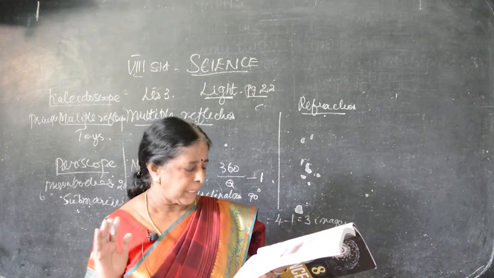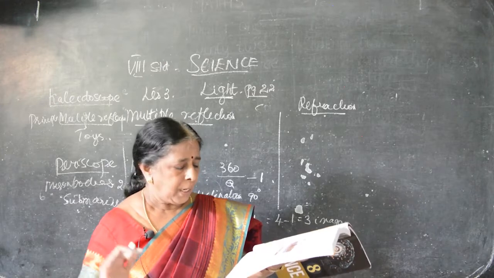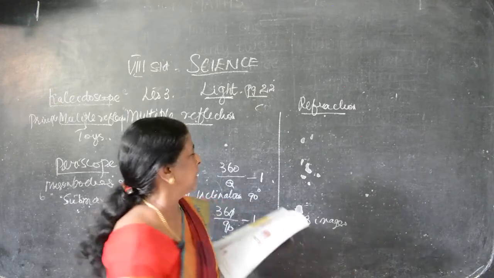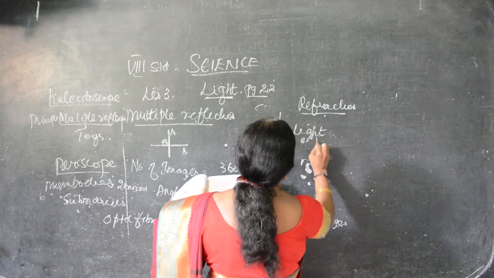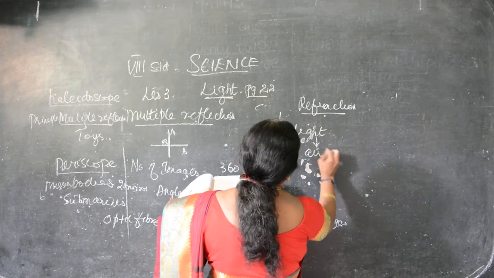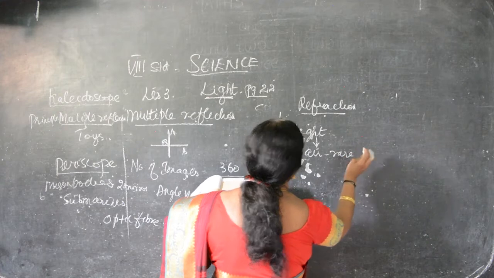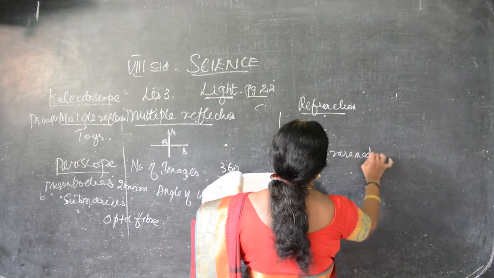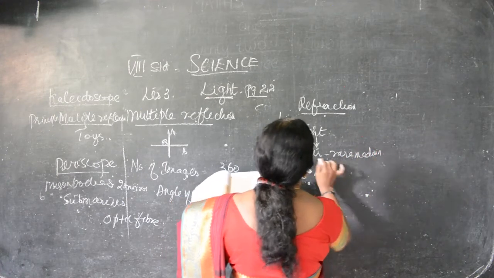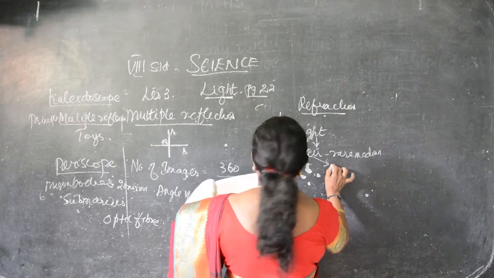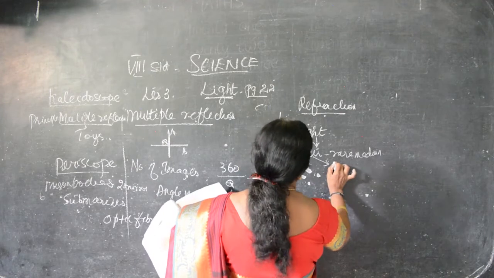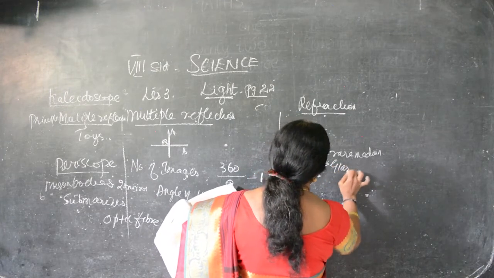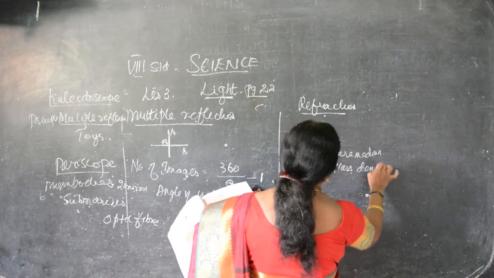Light rays pass from a rarer medium like air to a denser medium like glass. Medium is the object through which light travels. Light passes from the air, the rarer medium, to the glass, the denser medium. Clear?